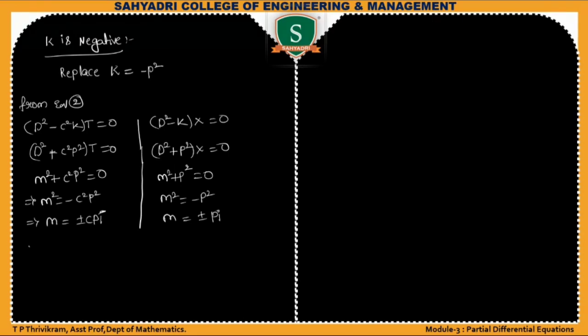Therefore t is equal to c1 cos cpt plus c2 sin cpt. So this is one solution. Next, x is equal to c3 cos px plus c4 sin px.